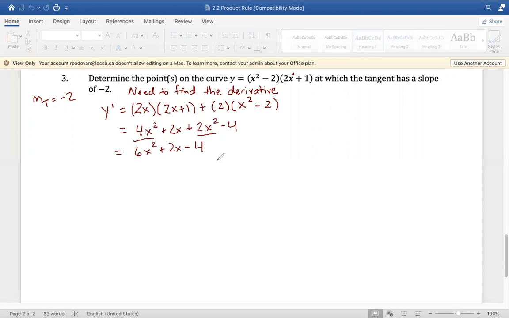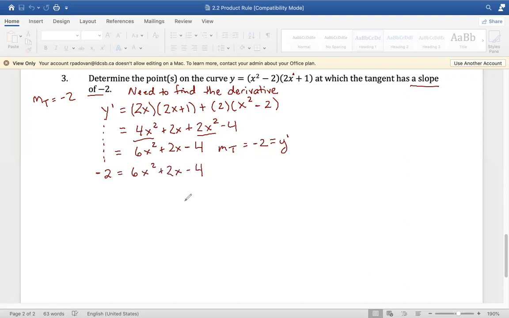So I was told, and just to reiterate, the slope of the tangent line is equal to -2. That's what my derivative is as well, right? So that's equal to my derivative. So what I'm going to do is set -2 in place of my y prime. So -2 is equal to 6x squared plus 2x minus 4.